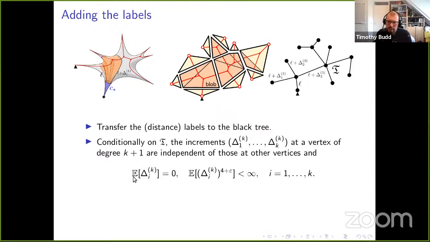And second of all, they are locally centered, meaning that every increment, say the increment of the second child of this black vertex, has 0 expectation value and some good moments.